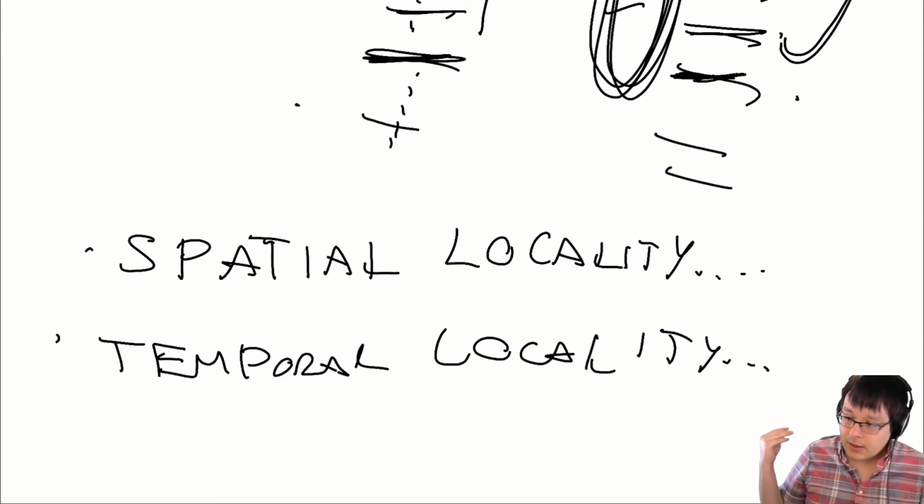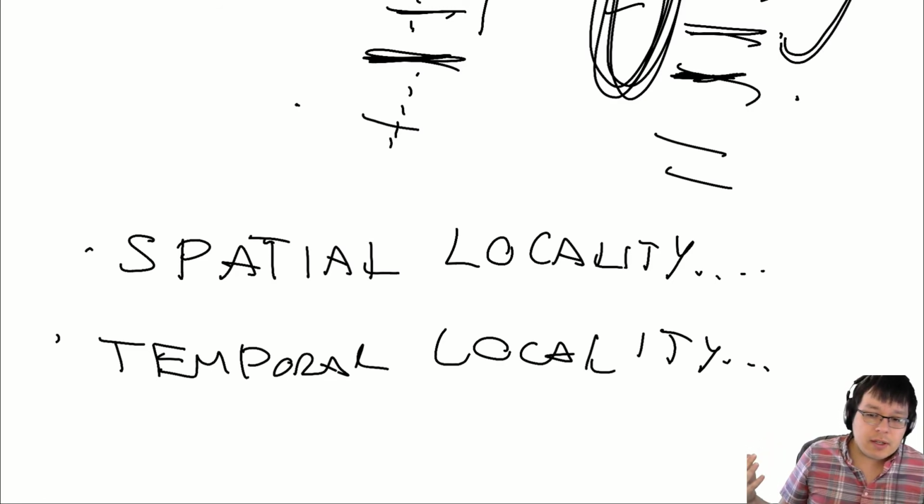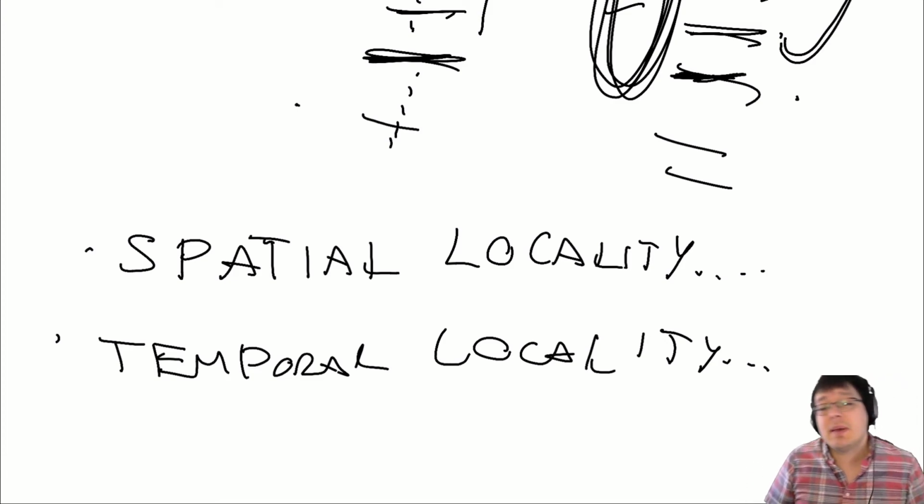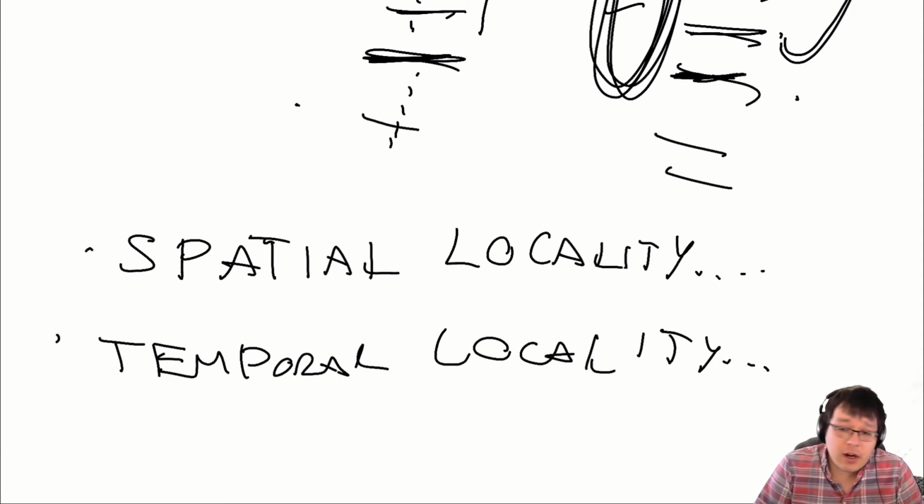Now, why is that important as a programmer? Because while computers are really smart nowadays and able to predict our usage, we should try to make it easier on them to predict that. When we're using something like a linked list, it's very hard for a computer to predict what's going to happen next, because your linked list can point anywhere in memory.